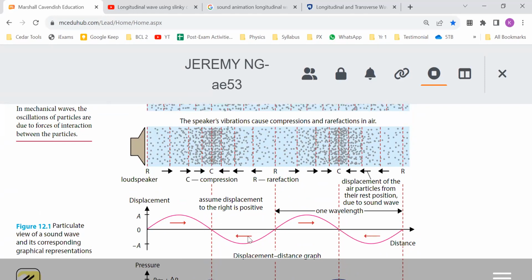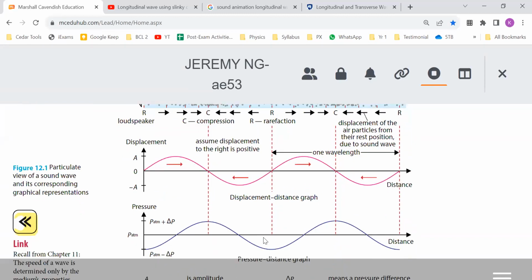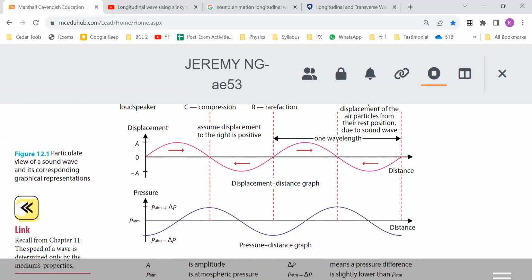Let me say this again. According to this graph, you can just follow the dotted line down. You realize that the center of compression corresponds to a particle at rest, and the center of refraction also corresponds to a particle at rest. This can be seen in the diagram we just drew as well.